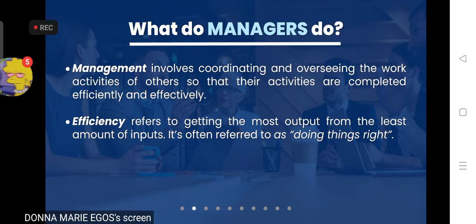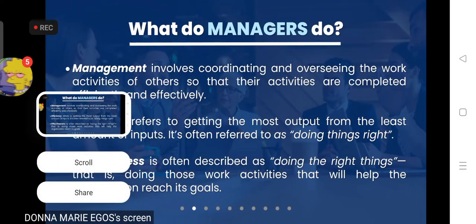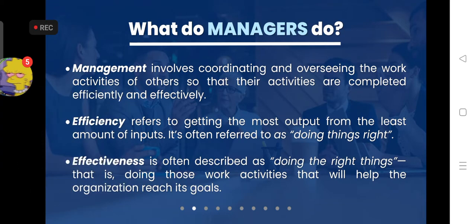So next, we have effectiveness. Effectiveness is often described as doing the right things. That is, doing those work activities that will help the organization reach its goal. It is the capacity to attain an intended result. So its intention is to meet the desired goal regardless of the amount of input required.